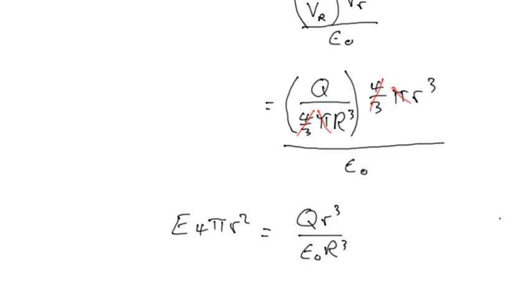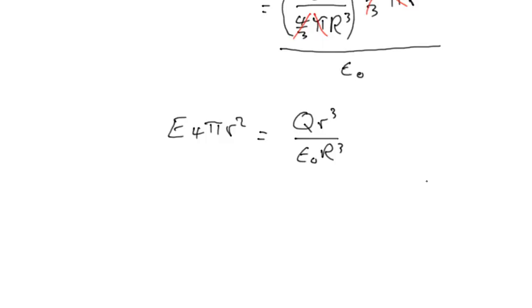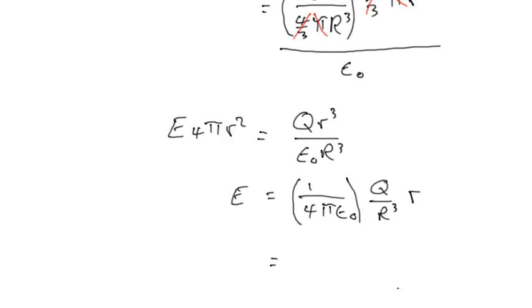So divide both sides by little r squared and 4 pi, and I get E is equal to 1 over 4 pi epsilon 0 times Q over R cubed times little r. This is equal to our familiar Coulomb constant K, so I choose to call it that.